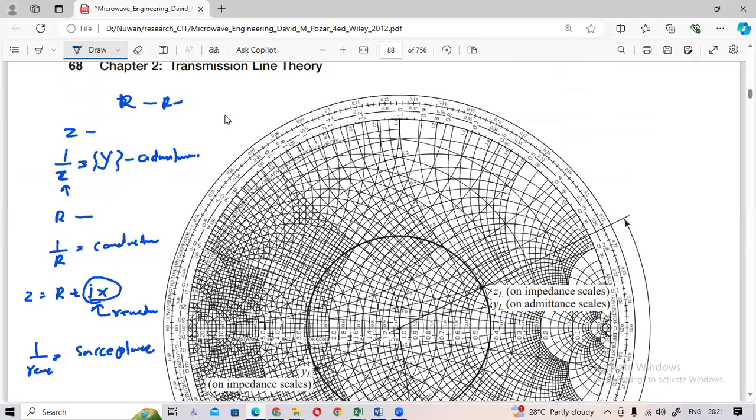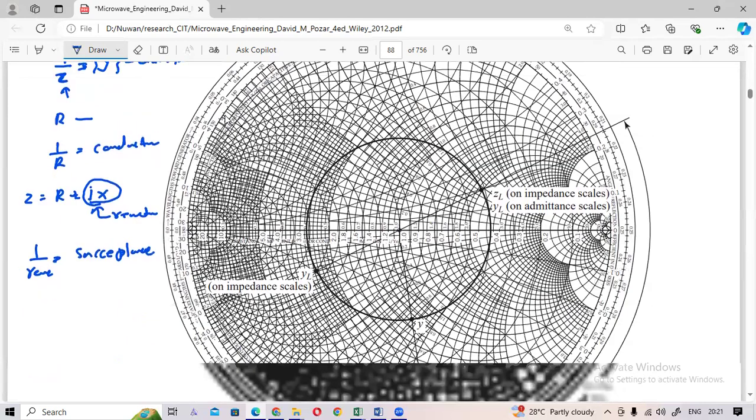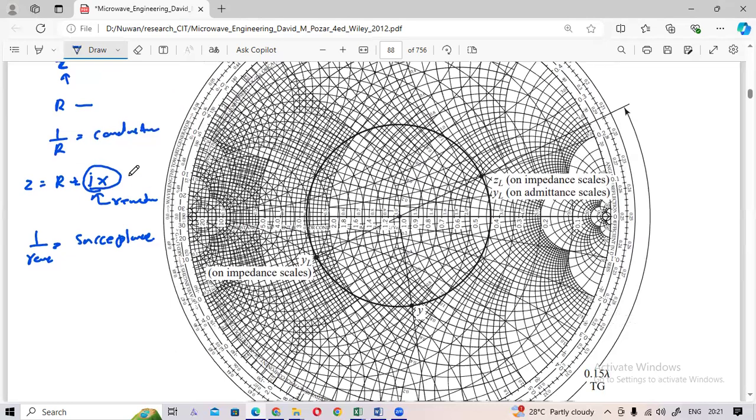R is the resistor and 1 over R is the conductance. Z is the impedance, 1 over Z is the admittance. This is reactance, 1 over reactance is susceptance.